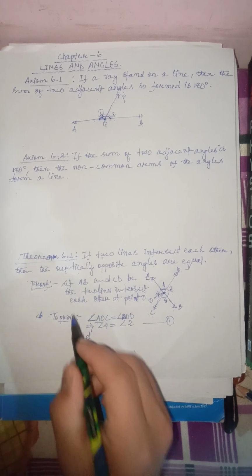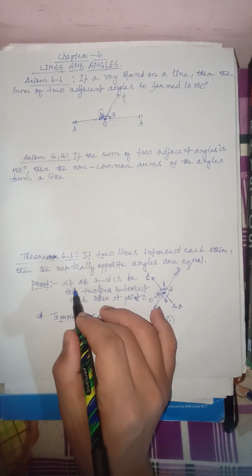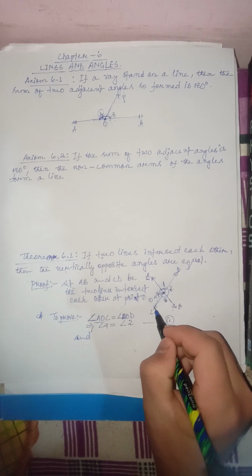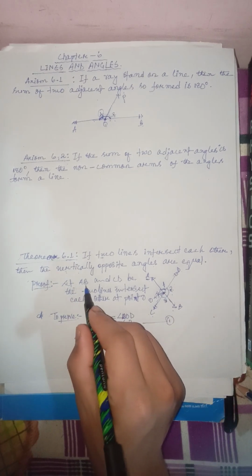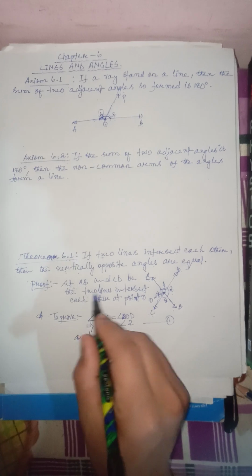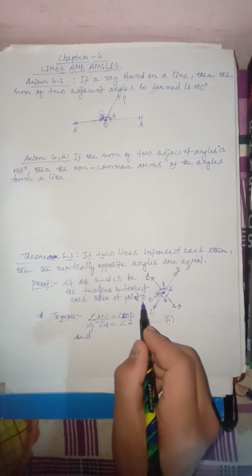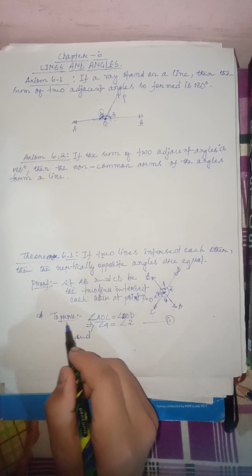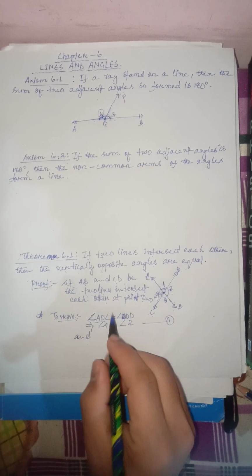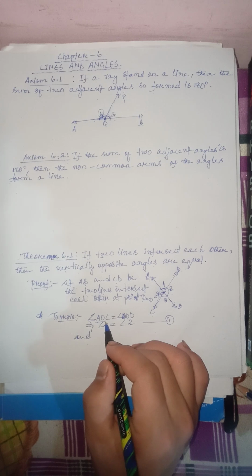In order to prove this, first we need to write down what is given. AB and CD are the two lines, and they intersect each other at point O. And after that we have the proof. What are the things that we need to prove here?